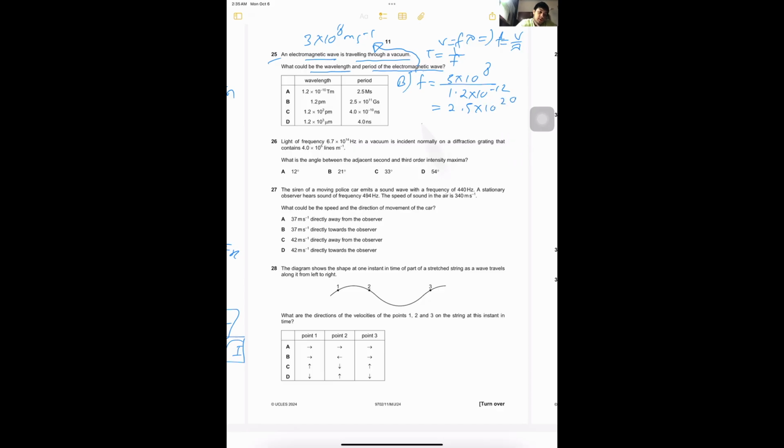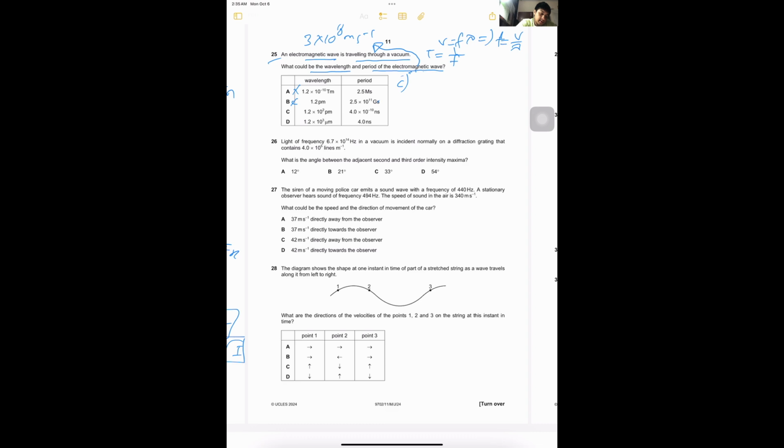So time period is 1 by 2.5 into 10 to the power 20. This is definitely not equal to this, so that is wrong. So A and B are wrong. The answer has to be between C and D, but I hope the working is clear. This is exactly how you will have to do the working.